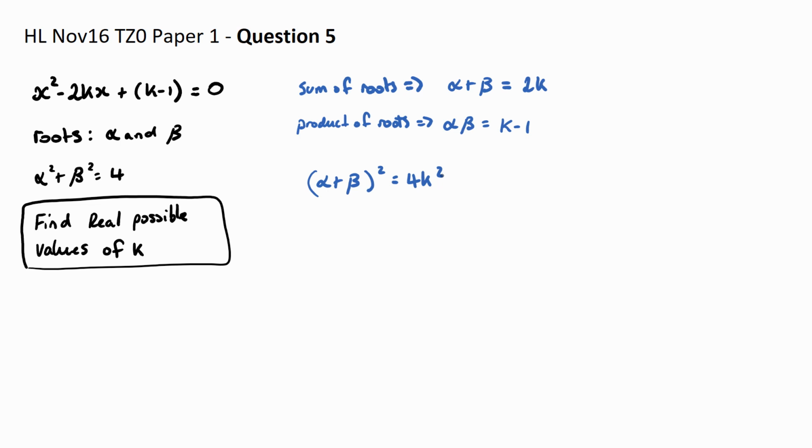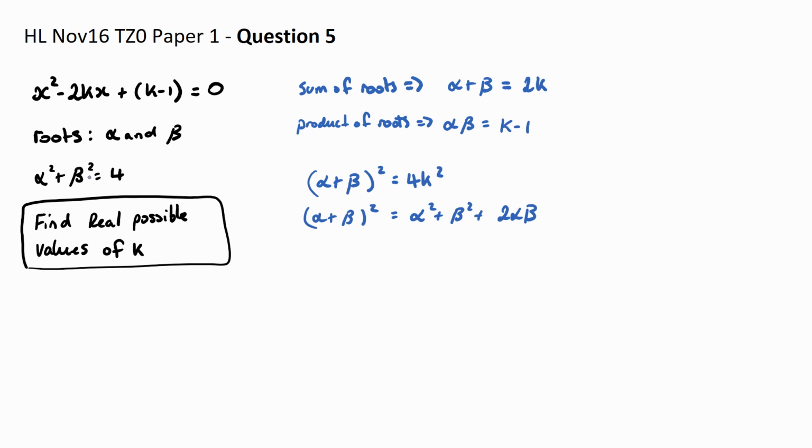Okay, it's very important. We also know that alpha plus beta squared, if we just did basic algebra, would be alpha squared plus beta squared plus 2 alpha beta. So we know that these must be equal to each other, but we also know what alpha squared plus beta squared is.